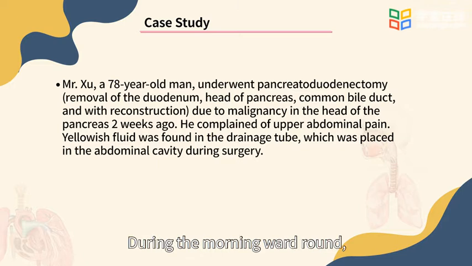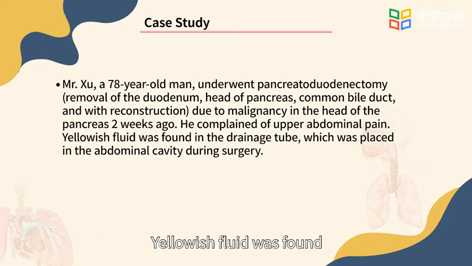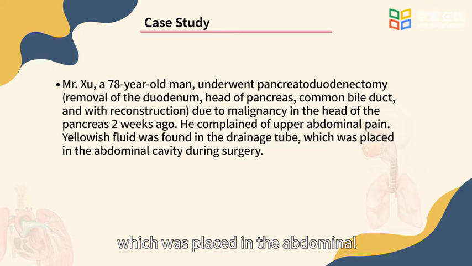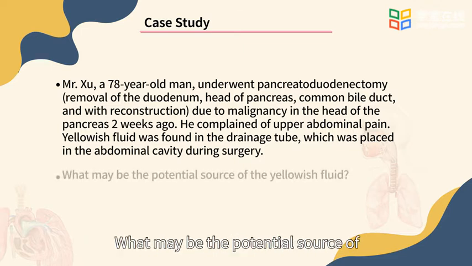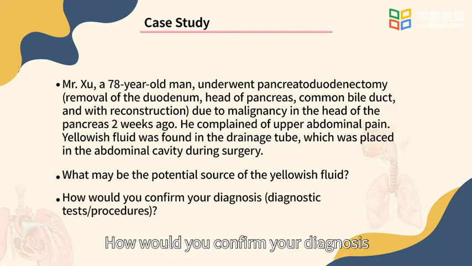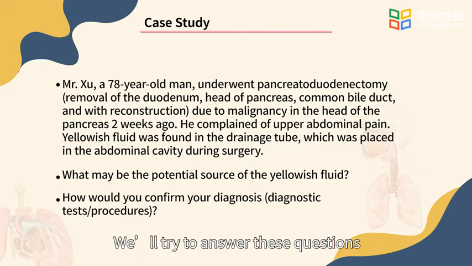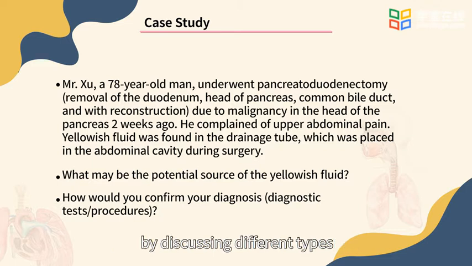During the morning walk round, he complained of upper abdominal pain. A yellowish fluid was found in the drainage tube, which was placed in the abdominal cavity during surgery. So, what may be the potential source of this yellowish fluid, and how would you confirm your diagnosis? We will try to answer these questions by discussing different types of digestive juices.